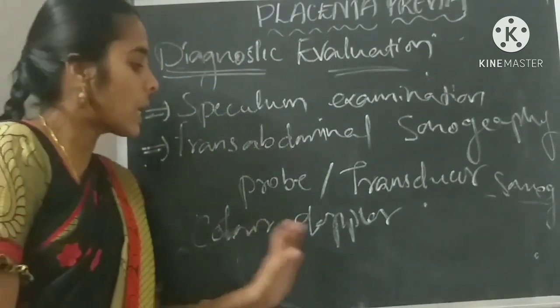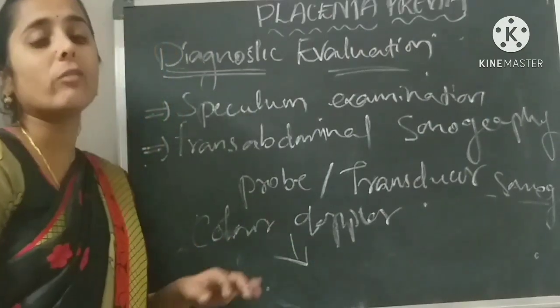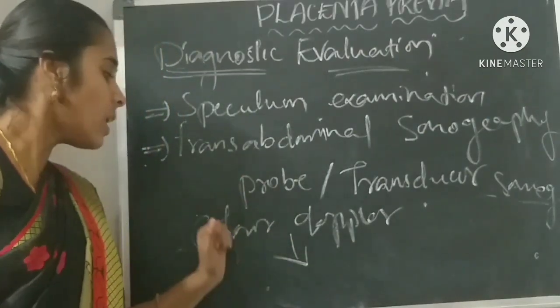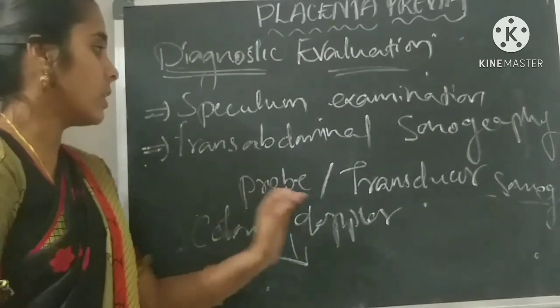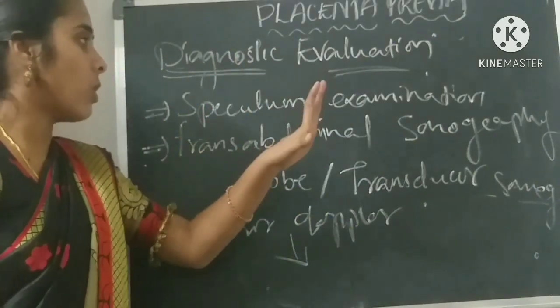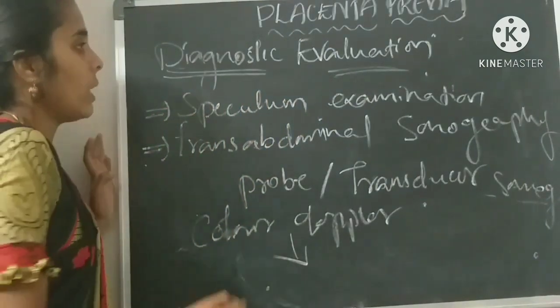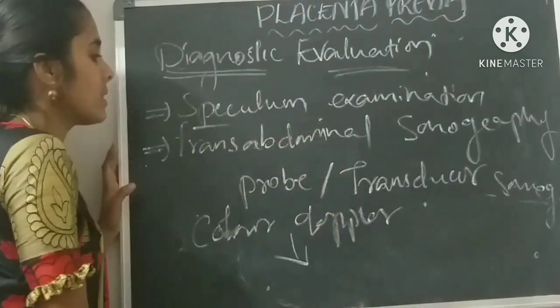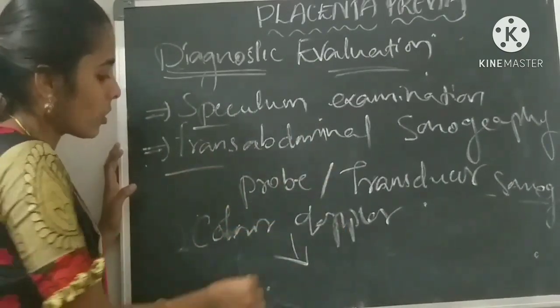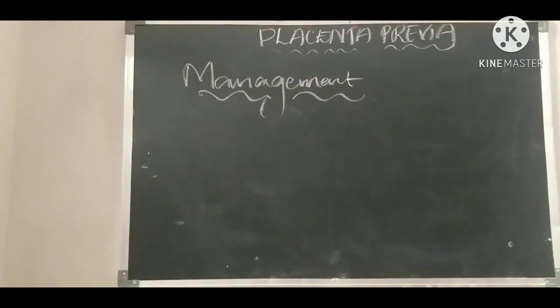It is mainly used to detect any abnormal blood flow in the myometrium. So this is the use of the color Doppler. I think you have understood the diagnostic evaluations. There are three: speculum examination, transabdominal sonography, and color Doppler. I think it is very clear.